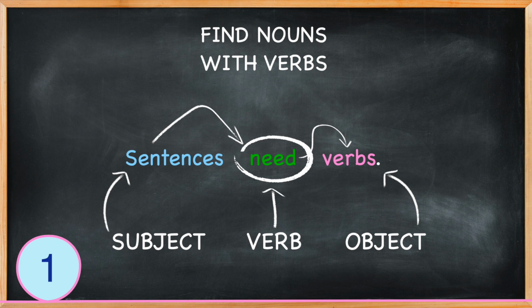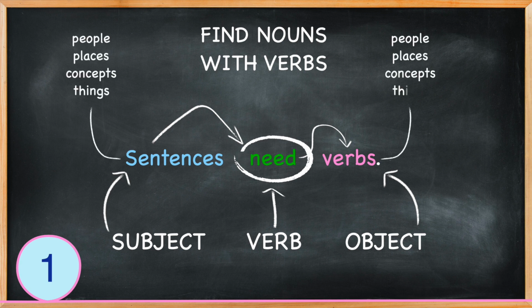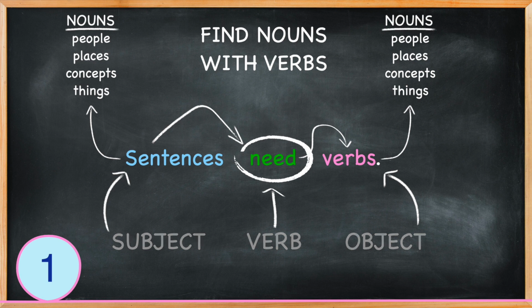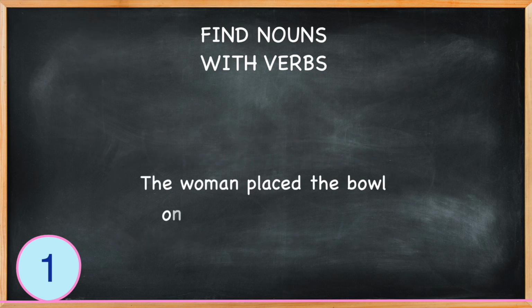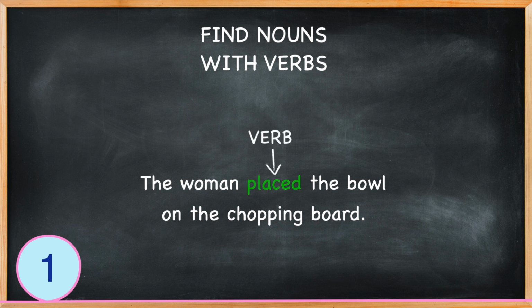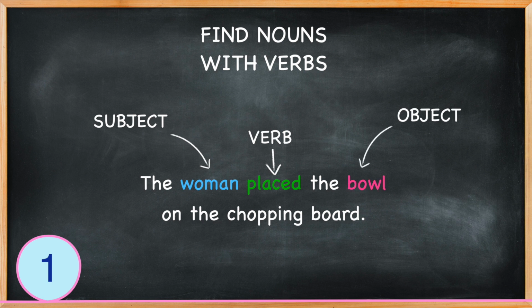Being that subjects and objects usually involve people, places, concepts, or things, there is a good chance these words will include nouns. So, if the woman placed the bowl on the chopping board, the verb here is placed. The subject or person doing the placing is the woman, a noun, and the object or thing being placed is the bowl, which is also a noun.